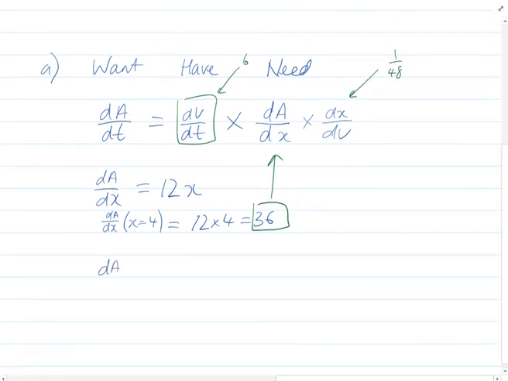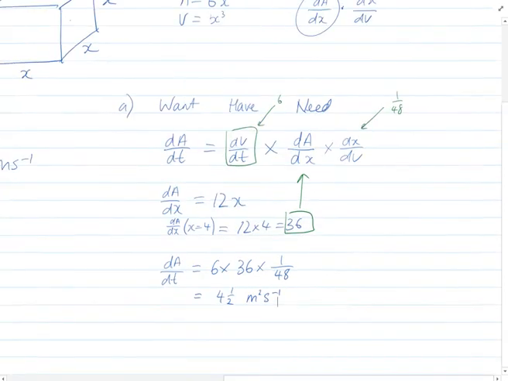So let's write it out. dA by dt equals 6 times 48 times 1 over 48. So that's 1 over 8 times 48, or another way of thinking about it is 48 divided by 8. And so area will be increasing at 6 meters squared per second.